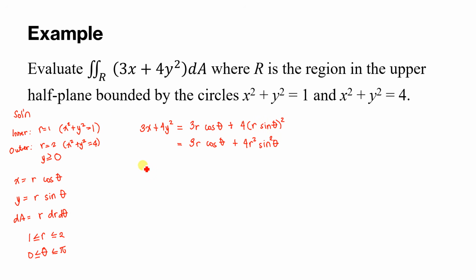So you have the double integral of the region R, that is, (3x + 4y) squared dA, is just equal to the integral from 0 to pi, integral from 1 to 2 of 3r cosine theta plus 4r squared sine squared theta rather.